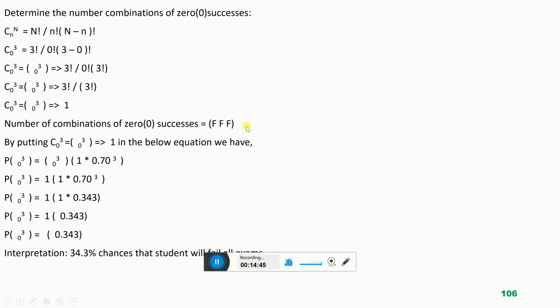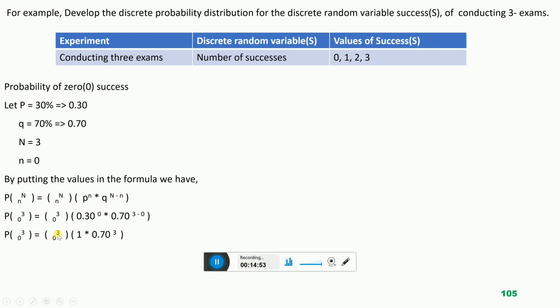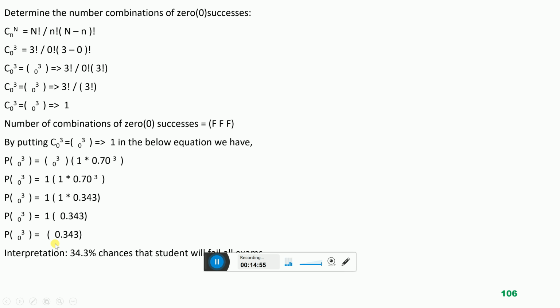All 3 exams fail. Now we will substitute for C(3,0) the value 1 in the equation.